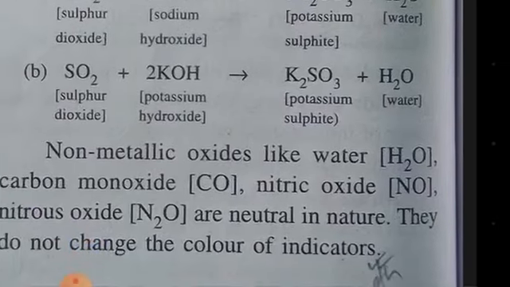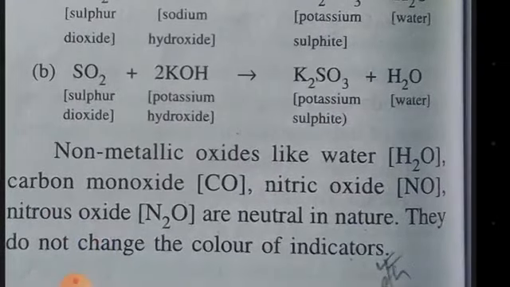Non-metallic oxides like water, carbon monoxide, nitric oxide, nitrous oxide are neutral in nature. They do not change the color of indicators. So generally, non-metallic oxides turn blue litmus paper to red, showing that they are acidic in nature, whereas non-metallic oxides like water, carbon monoxide, nitric oxide, nitrous oxide are neutral in nature.